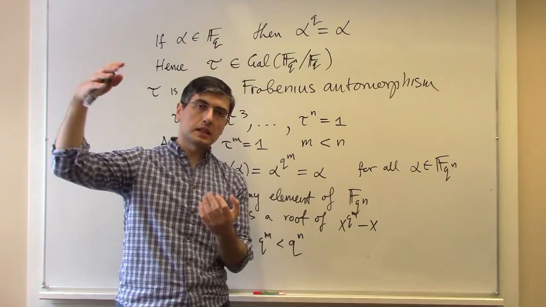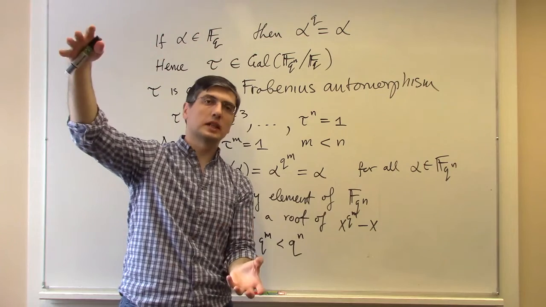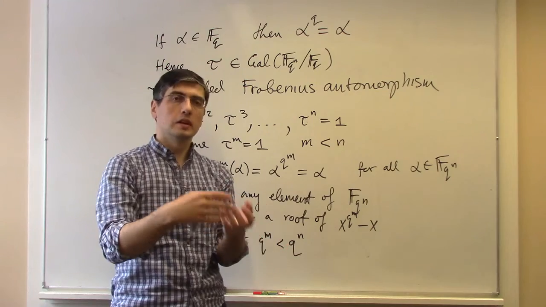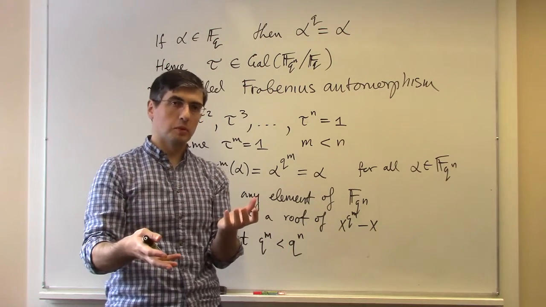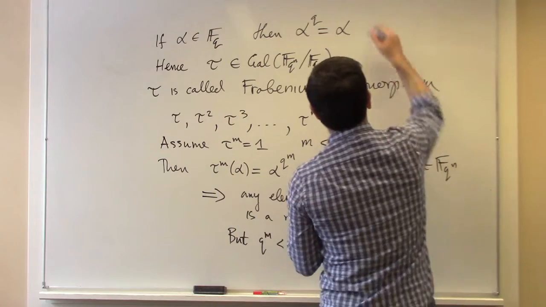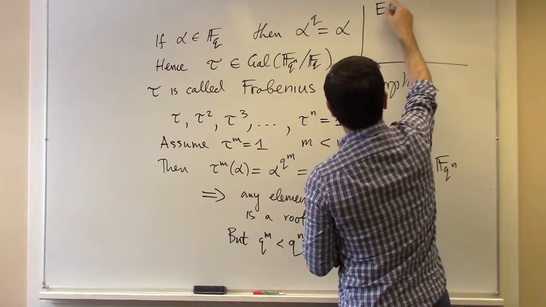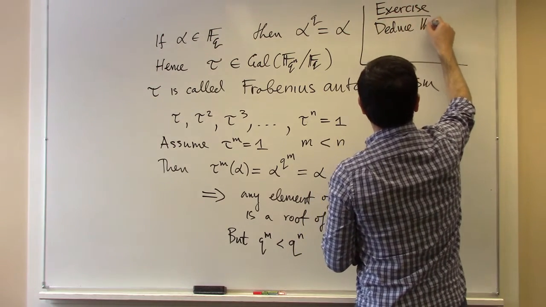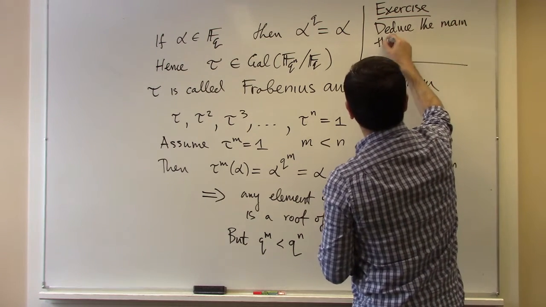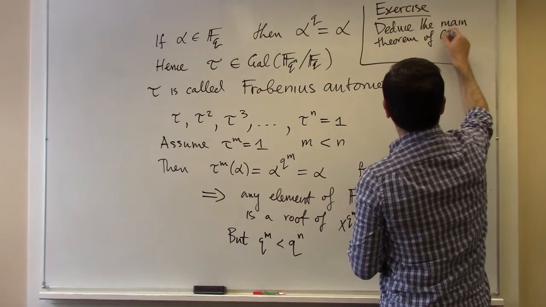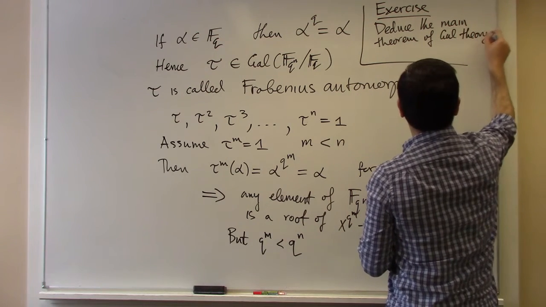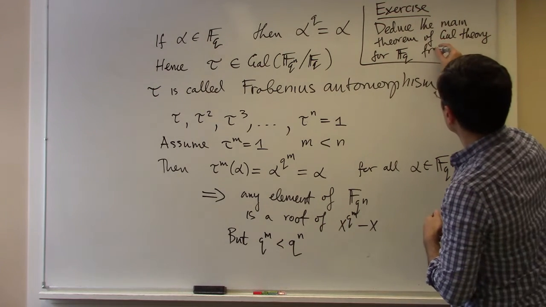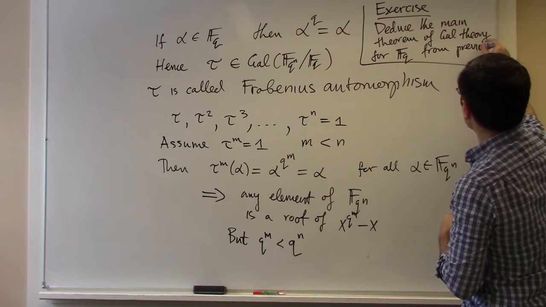But if you consider this extension in a larger field, you have a cyclic group, and in a cyclic group you have a unique subgroup of order dividing the order of the group. So as an exercise, you should try to reduce the main theorem of Galois theory for Fq from previous considerations, previous discussion.